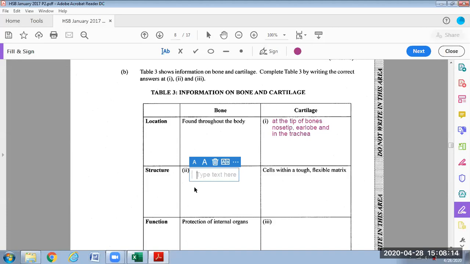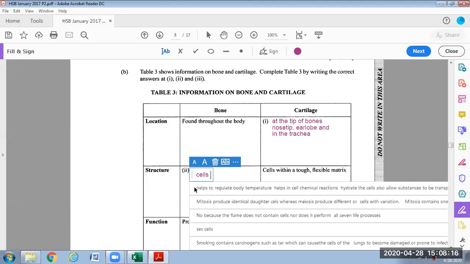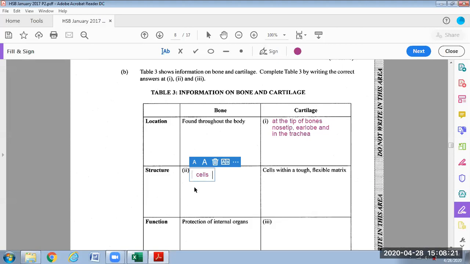Okay, so cells within a mineralized matrix, which consists, well, first to begin, it's inflexible.